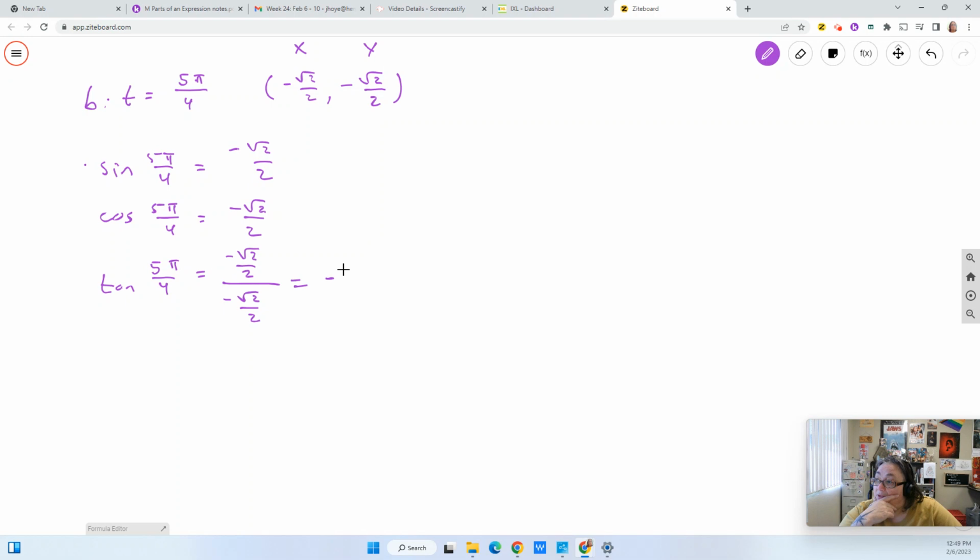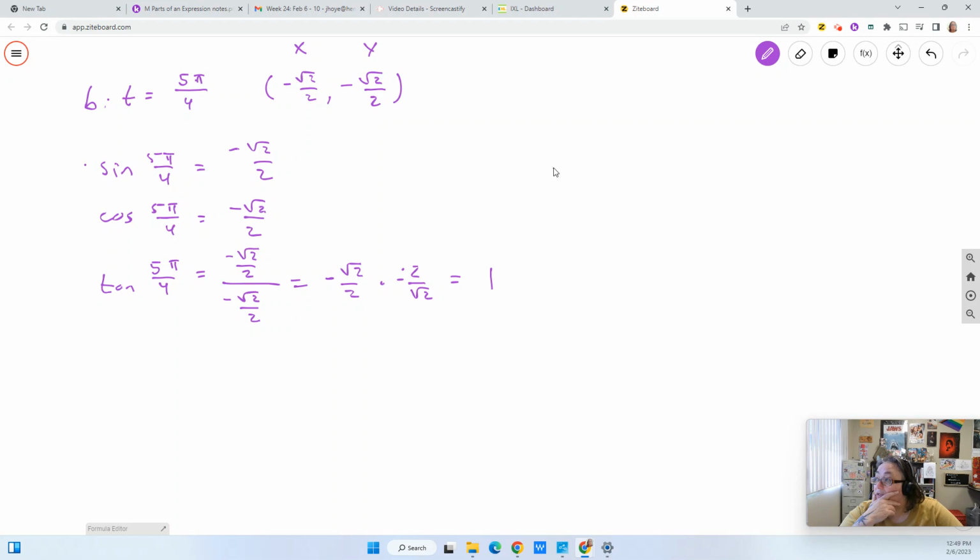But here I'm going to have negative radical 2 over 2 times the reciprocal, which is negative 2 over rad 2, which just equals 1, right? If I multiplied this together, it would be 2 rad 2 over 2 rad 2, and anything over itself is just 1.